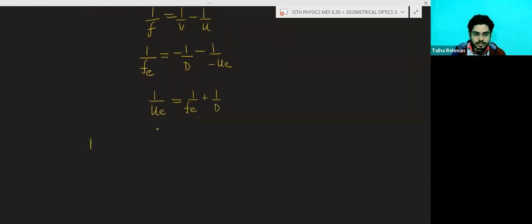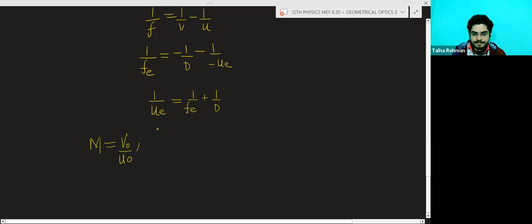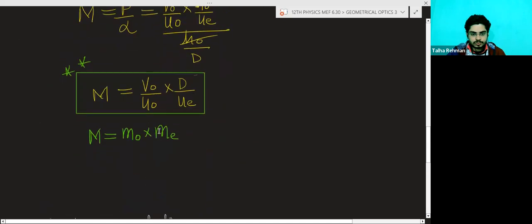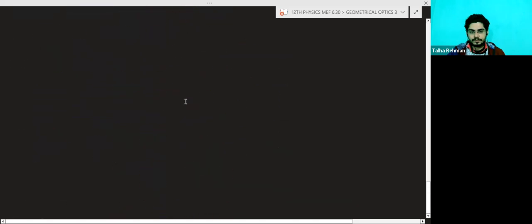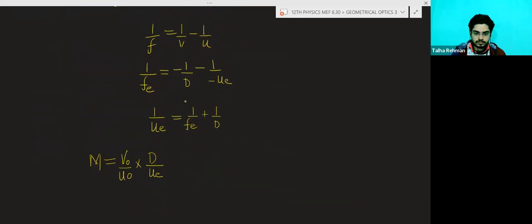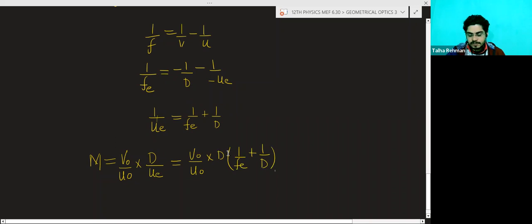Now what is the magnification for the compound microscope? For the compound microscope, the magnification is v naught by u naught multiplied by D upon UE. And 1 upon UE can be written as 1 upon FE plus 1 upon D. So finally, when you multiply D here, it will become D by FE, and this will become 1 because D and D will be cancelled out.